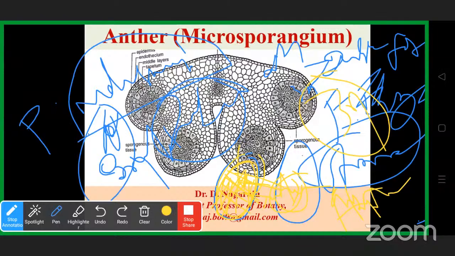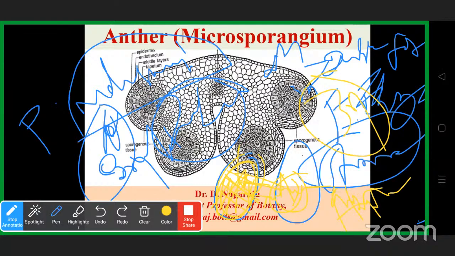Parthenocarpy also: without the fusion, without fertilization, fruits are formed, either from the sexual organs or even from the somatic parts, vegetative parts. That also we will discuss.